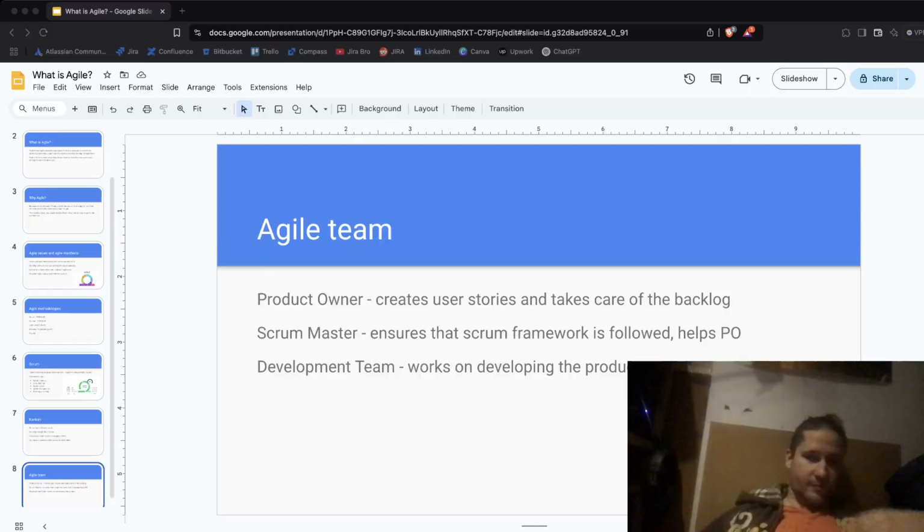Maybe the tasks of a product owner, and then what a user story looks like, what a user story is, and also other things such as what the definition of done is, and so on and so forth.